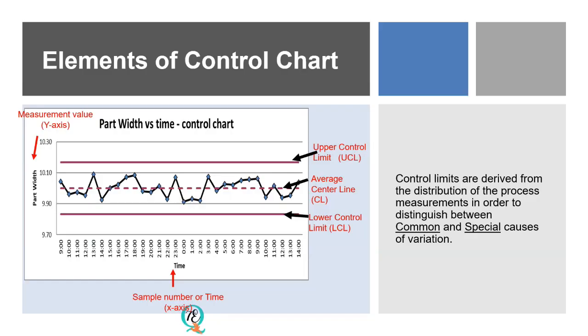Let's take a closer look at the control chart and its elements. From the last slides, we already know that the control chart derives from a run chart of process measurements or a data set here. In a control chart, we will have the measurement value on the y-axis and the data plotted on the time axis.